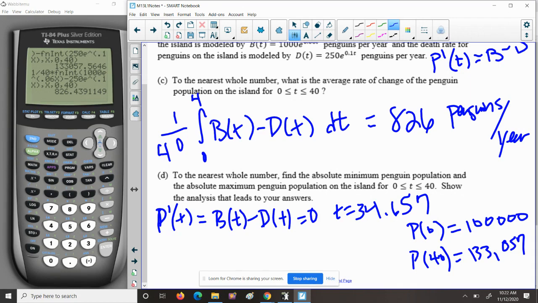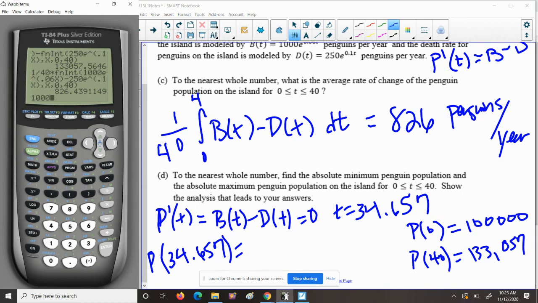So we've already done part of our work. The last thing that we need to find is the population at 34.657. That would be 100,000 plus the integral from 0 to 34.657 of B of t minus D of t. So let's put that in: 100,000 plus the integral.